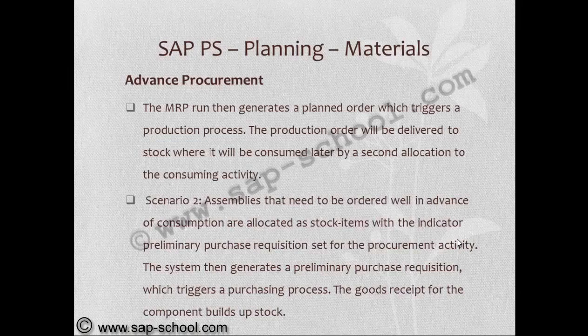The production order will be delivered to stock, where it will be consumed later by a second allocation to the consuming activity. In the second scenario, assemblies that need to be ordered well in advance of consumption are allocated as stock items with the preliminary purchase requisition indicator set for the procurement activity. The system then generates a preliminary purchase requisition which triggers a purchasing process. The goods receipt for the component builds up stock.